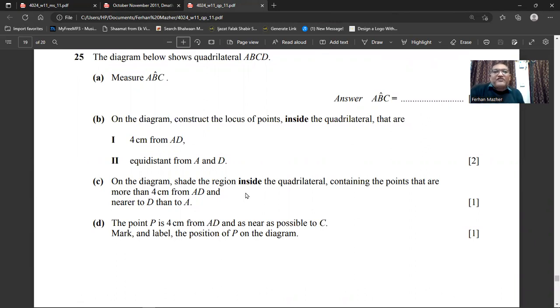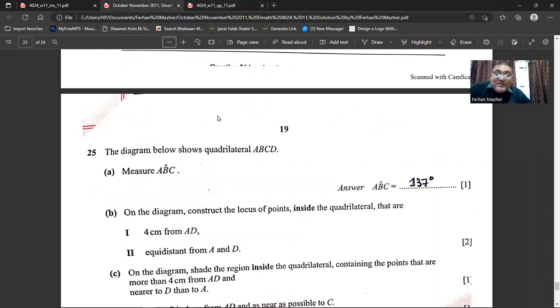You open your compass 4 centimeter, you take A as the center and you draw a circle of 4 centimeter radius, and you make a circle on the D. You take D as the center and you draw a circle of 4 centimeter, and then you draw tangents to both the circles. Those tangent lines will be at a 4 centimeter distance from the AD. They will be parallel to AD.